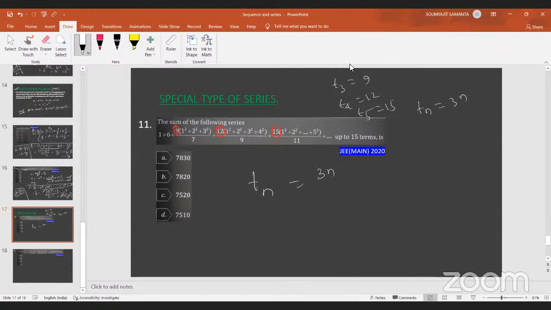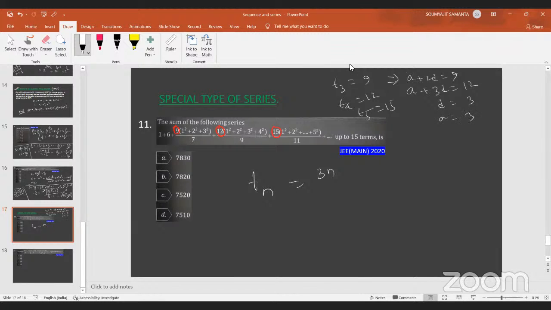If you are not understanding, here also you just write in the general form: T3 as A plus 2D equal to 9, then A plus 3D as 12. So what is D? D is 3. What is A?